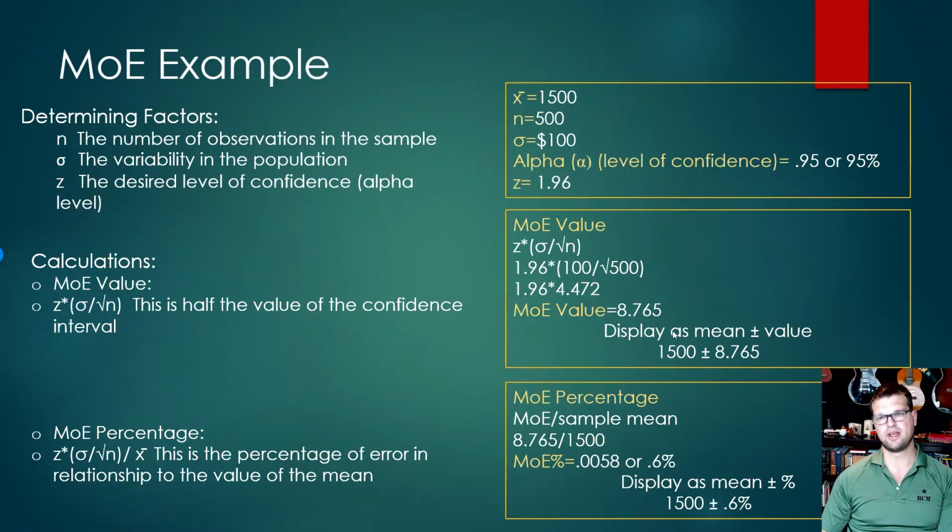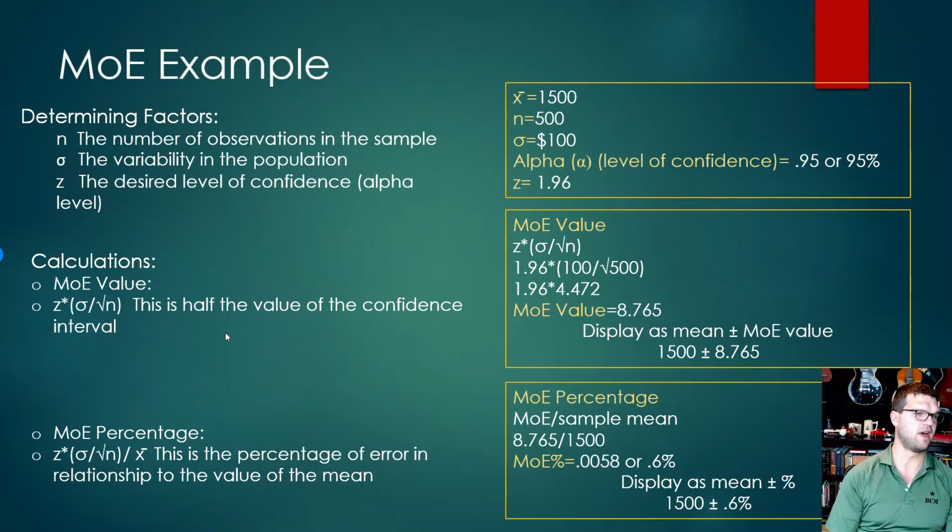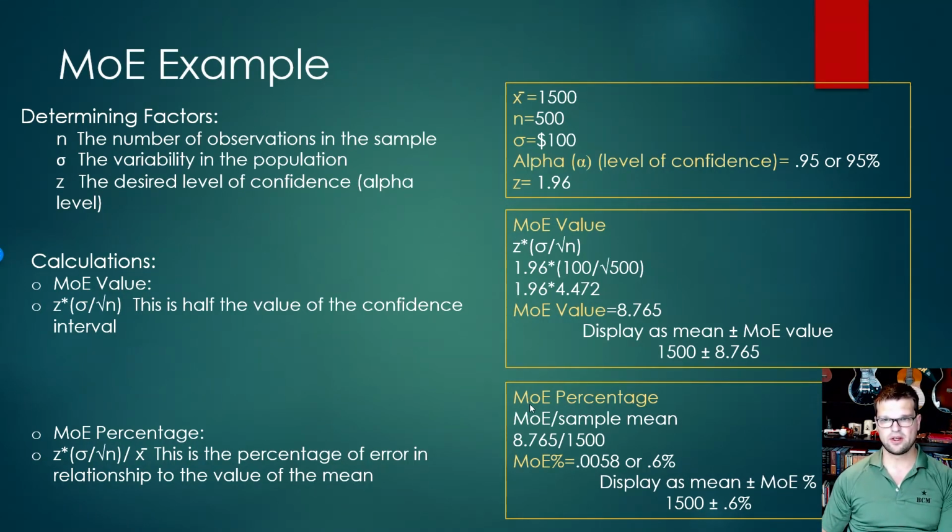So this displays as the mean plus or minus the value of the margin of error. So let's put margin of error value, and then we'll put margin of error percent. Right here we have 1500 plus or minus 8.765.